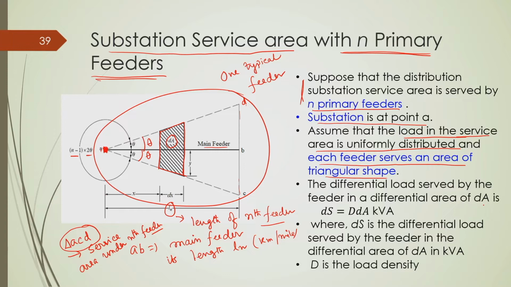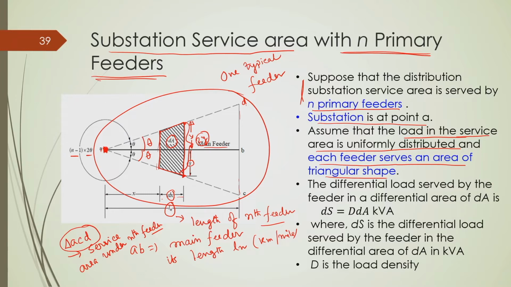Since we have taken a small elementary length dx to constitute this infinitely small area dA, let us find out the expression of dA in terms of dx. Let us assume that this height is y. So, obviously, this distance will also be y, which constitutes this length from here to here, 2y. And this length is dx.